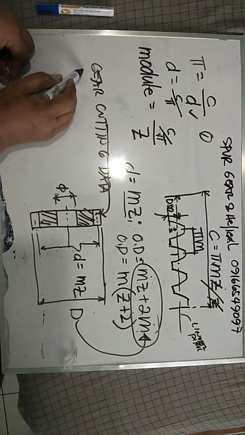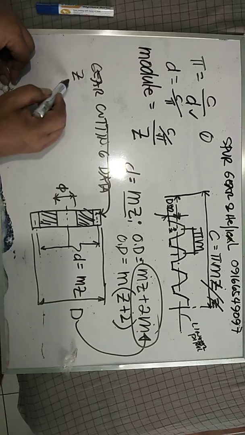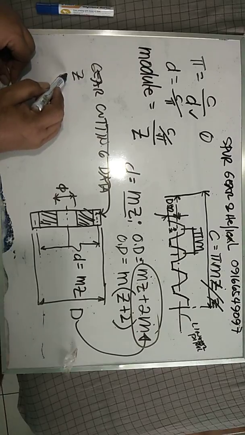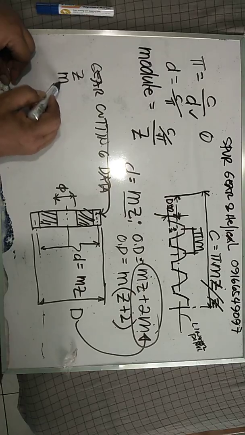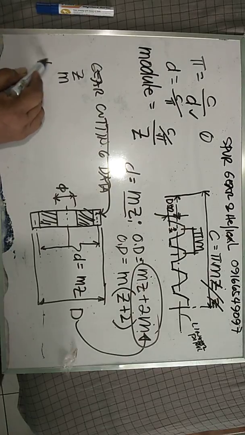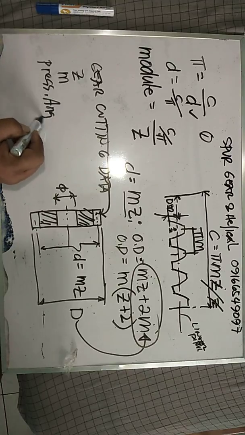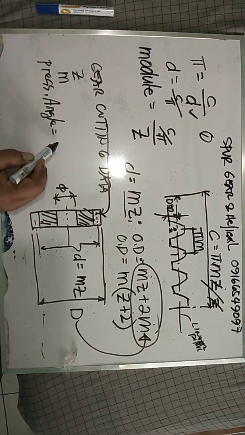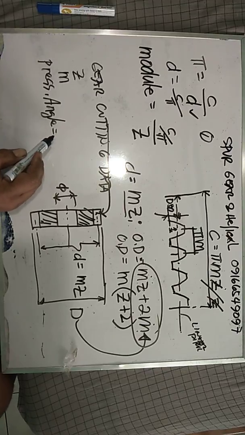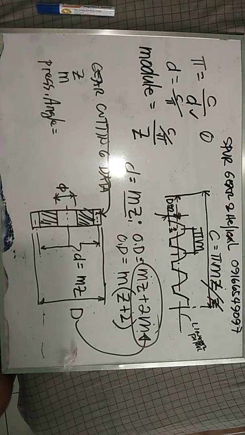Which is number one, the number of teeth, J; the module; the pressure angle, which is equal to the standard widely used, 20 degrees.